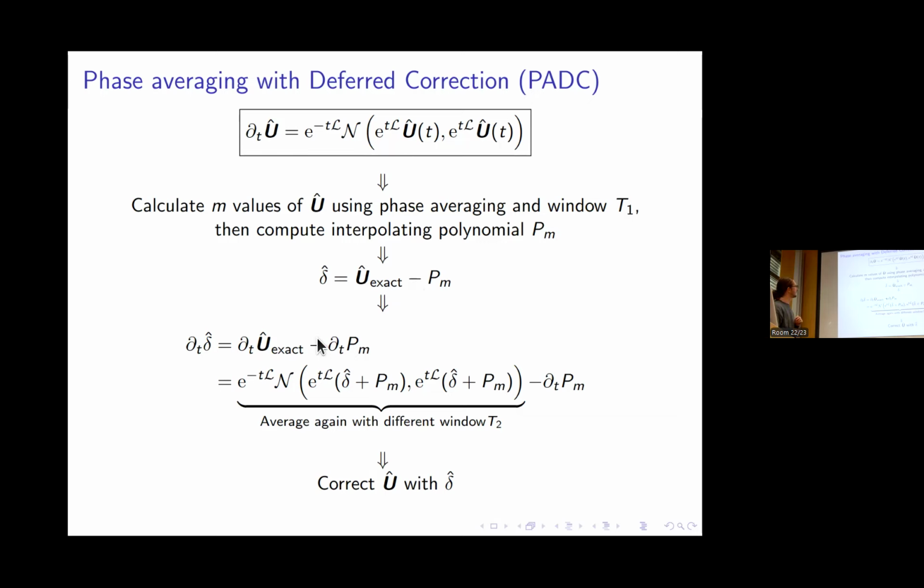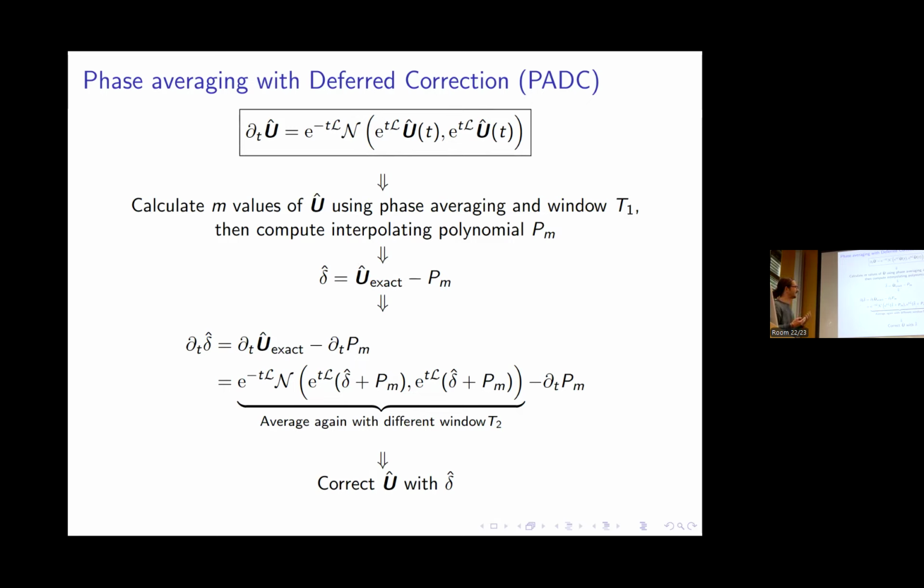So it's just the time derivative of the exact equation minus the time derivative of the polynomial. Because the exact equation satisfies the box equation at the top, you can substitute this back in to give the time derivative of the error equal to this nonlinear term minus the time derivative of the polynomial. Because we don't know the exact solution, we substitute in the polynomial plus the error into the nonlinear argument.